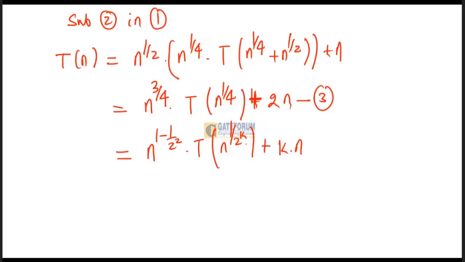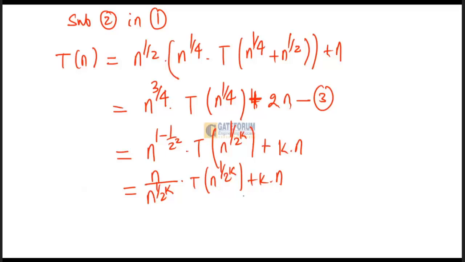So what we have done is we have just replaced this 2 with k. Now here I can just replace it, or I can write it as n divided by n^((1/2)^k) in the power form of variable n. And I can write T(n) equal to T(n^((1/2)^k)) plus k into n, right?